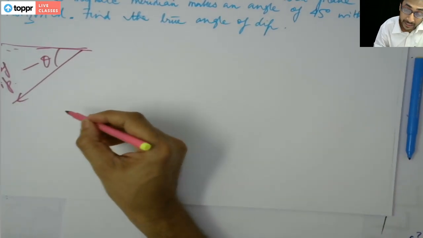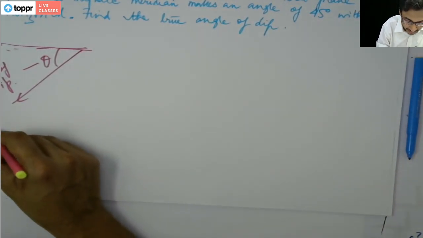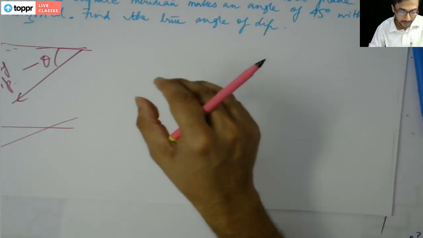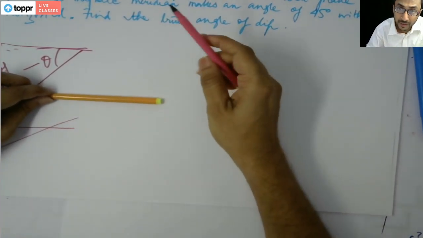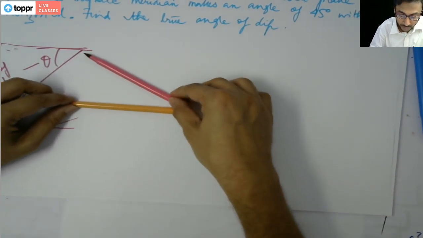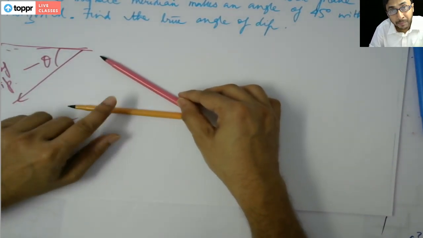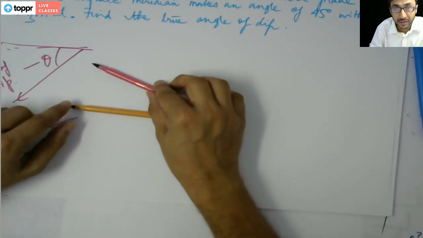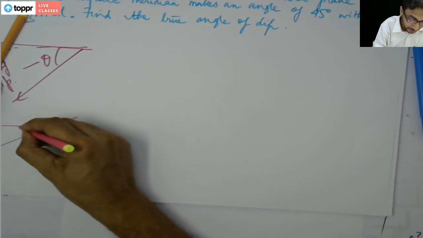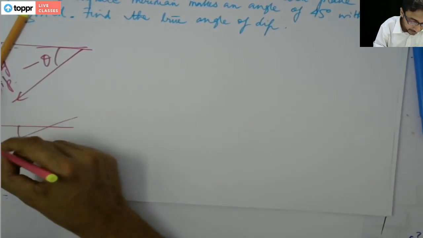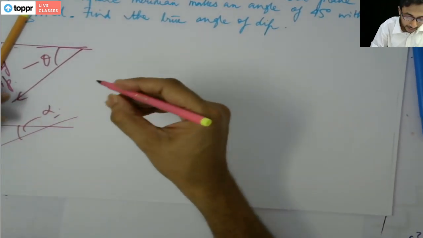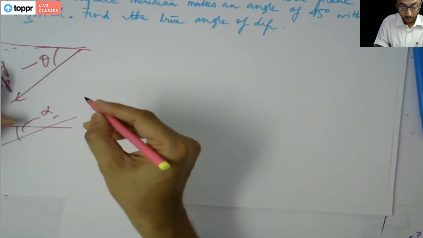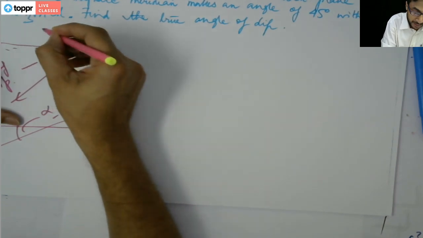And angle of declination: there are two meridians, one is a geographical meridian, one is the magnetic meridian. The angle between the geographical and the magnetic meridian is called the angle of declination.